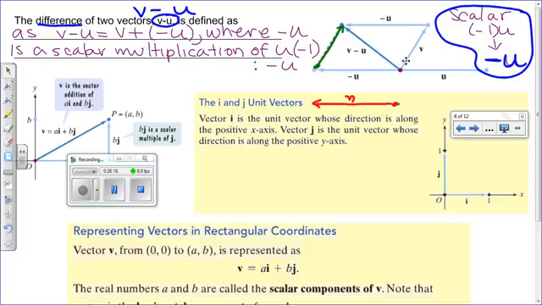And then we're going to overlap it with that one. And I think this is okay, so let's retrace our steps. The terminal point of vector v coincides with the initial point of vector negative u. Yes, so we're good.